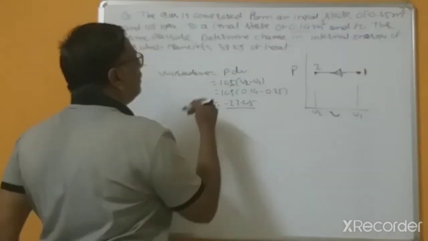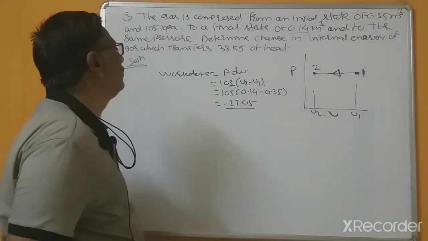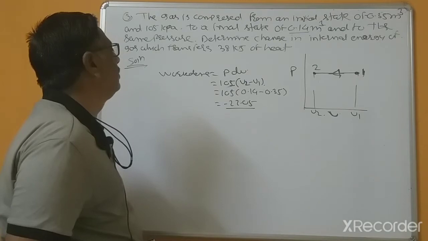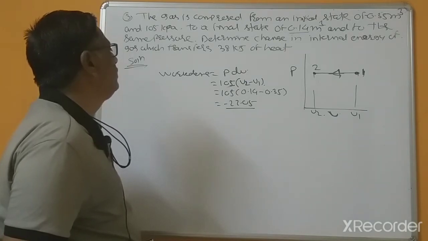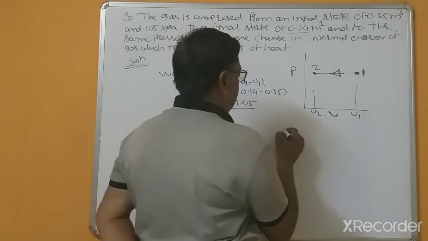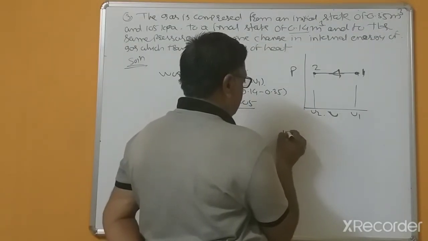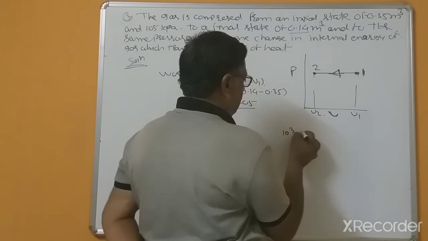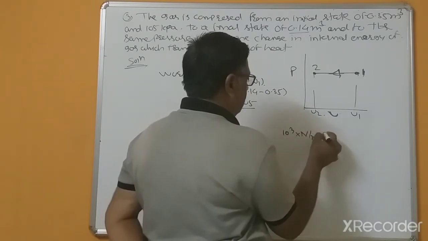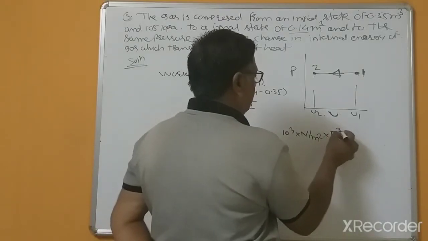Now the unit: kilopascal is kilo Newton per meter square, that is 10 to the power 3 Newton per meter square, and this is meter cube.